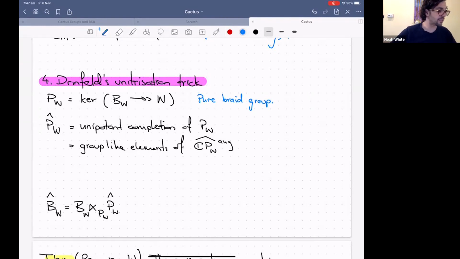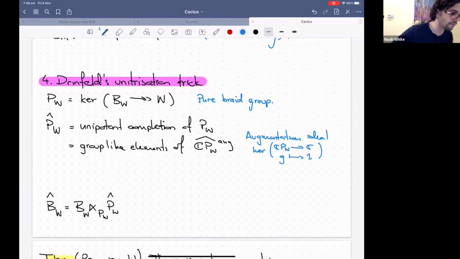It's the group-like elements of the group algebra of the pure Braid group, completed at the augmentation ideal. The augmentation ideal is the kernel of the map from here to the field where you send a group element to 1. And you complete along this ideal.